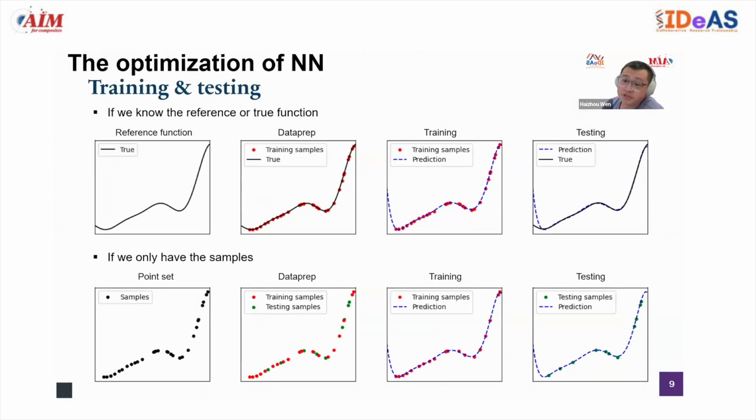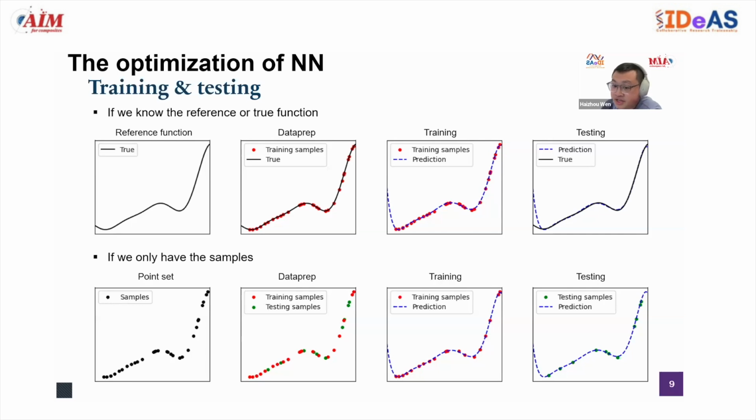So we also need to know the concept of training and testing. Training is about using the data to optimize the weights and biases, or to say to inform the NN to approximate. So we use loss to measure the quality of the NN, because the mission of the training is to minimize the loss function.